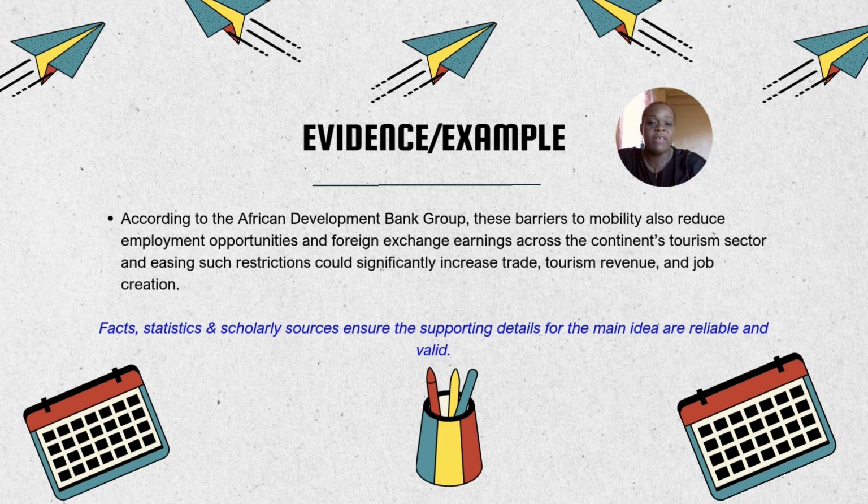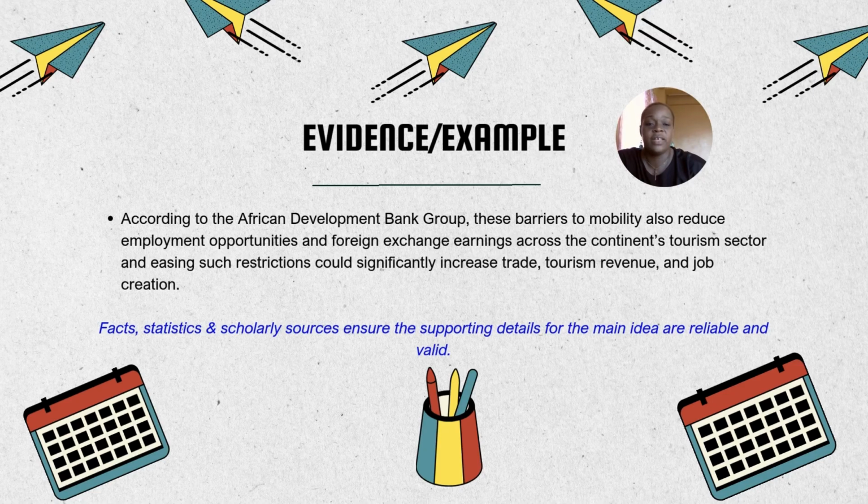Next step is our evidence or example, and it states, according to the African Development Bank Group, these barriers to mobility also reduce employment opportunities and foreign exchange earnings across the continent's tourism sector, and easing such restrictions could significantly increase trade, tourism revenue, and job creation.